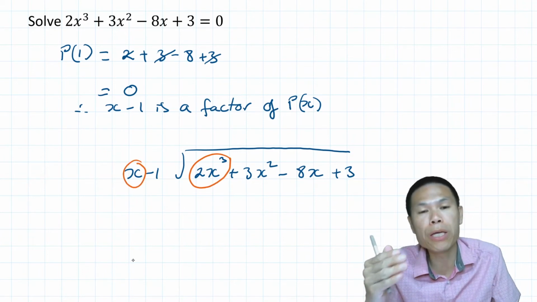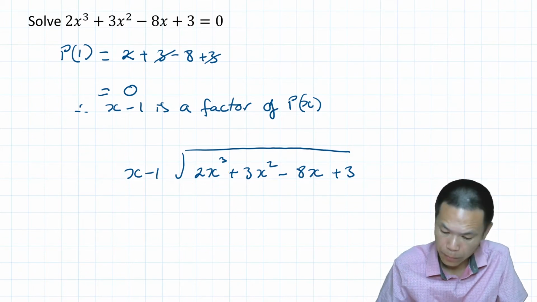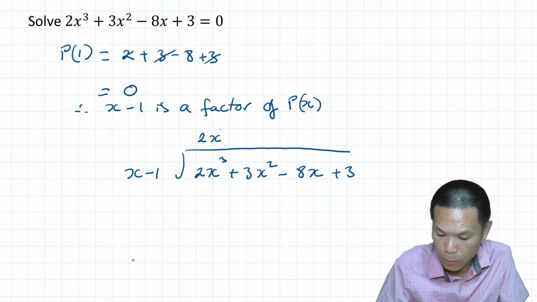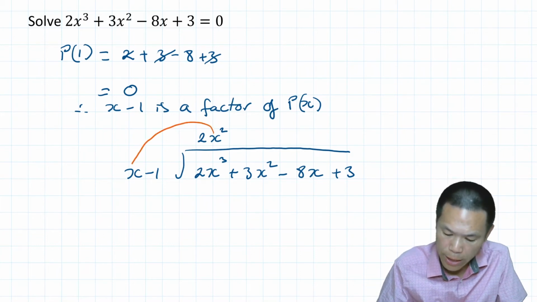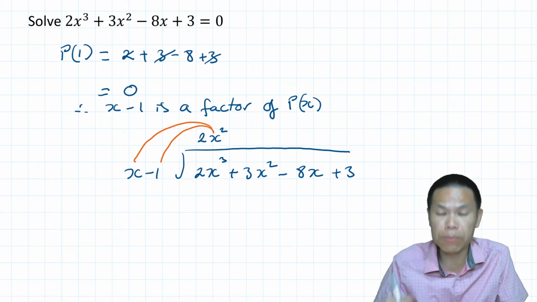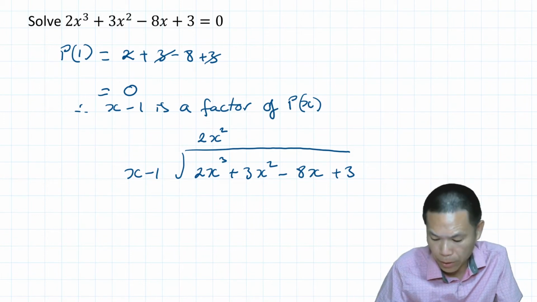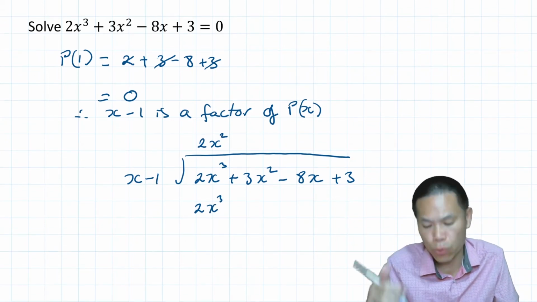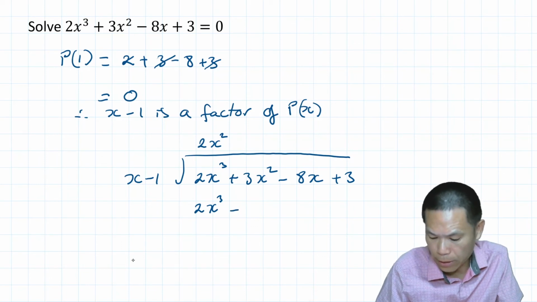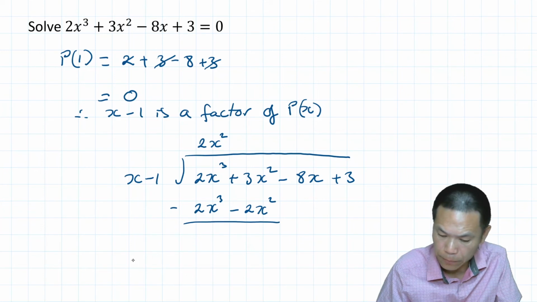So that will give me 2x squared. Then I go 2x squared times x and 2x squared times negative 1. So 2x squared times x is 2x to the power 3, and 2x squared times negative 1 is negative 2x squared.